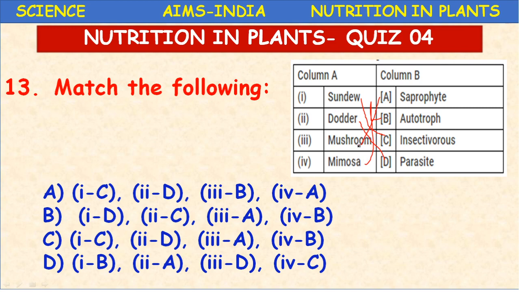The next, third, mushroom is A. So in option A, third is B, but in option C, third is A. Okay. Then the fourth, autotroph, is B. So here the correct answer is C.